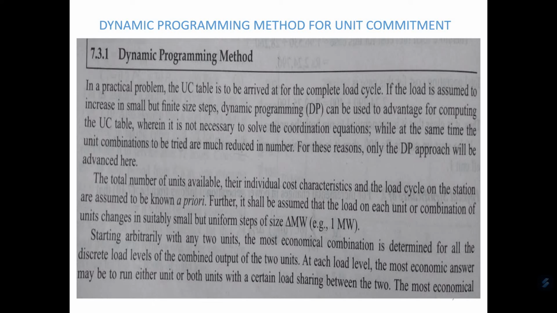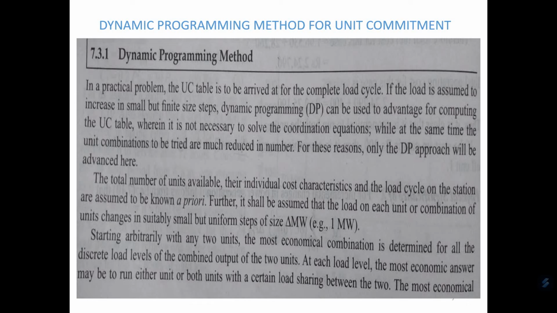The total number of units available here, where a unit is nothing but a generator, their individual cost characteristics, and the load cycle on the station are assumed to be known a priori. Further, it shall be assumed that the load on each unit or combination of units changes in suitably small but uniform steps of size.